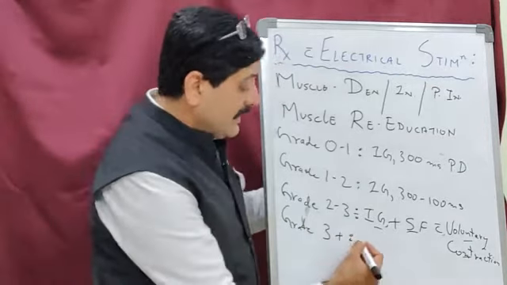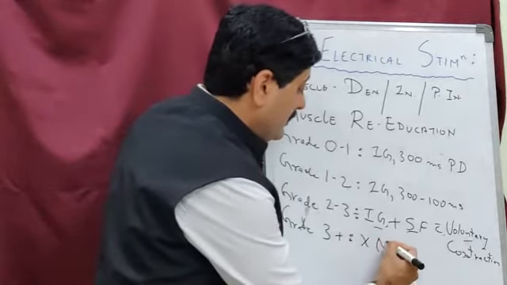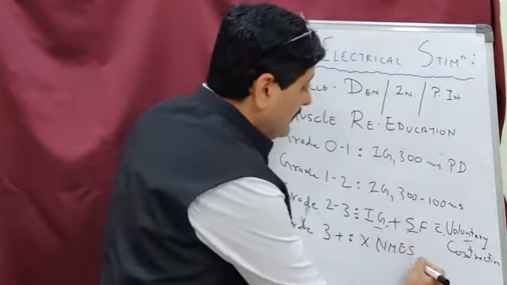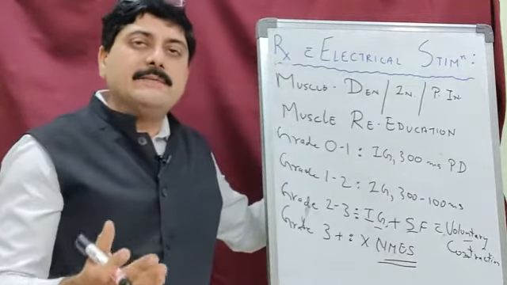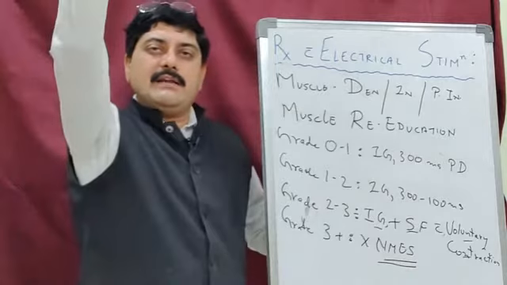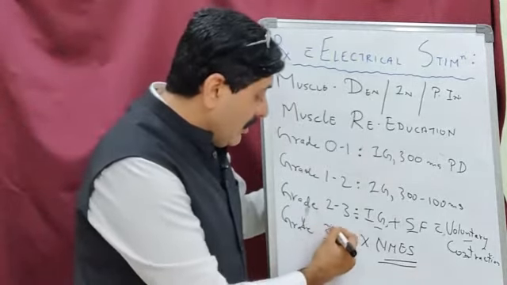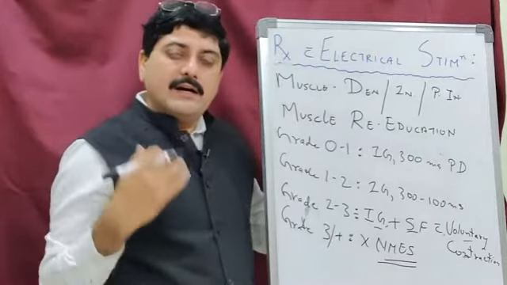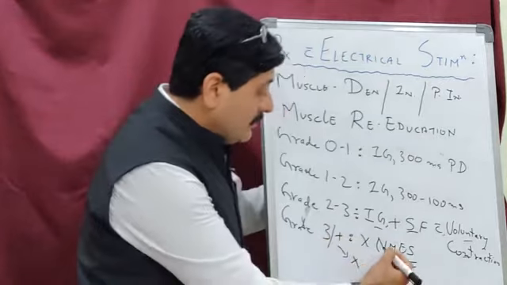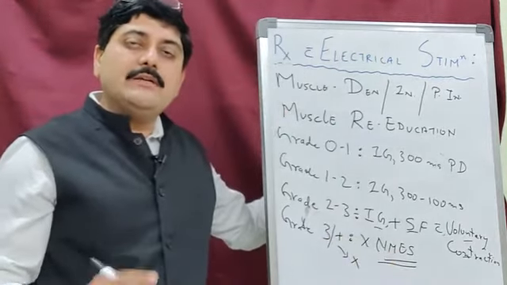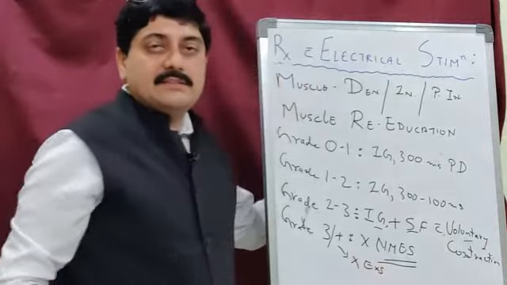Then if the patient goes grade 3 plus, there is no implication of neuromuscular electrical stimulation, because already the patient has got the power or strength to lift the hand against gravity, full range of motion. If the patient is lifting it 3 or 3 plus against gravity with full movement, then you do not give electrical stimulation, you stop electrical stimulation, you switch the patient to exercises, right?